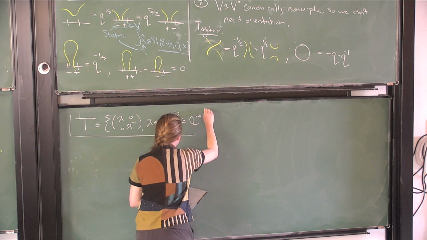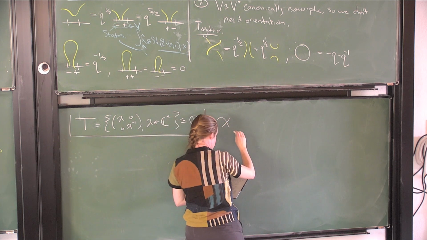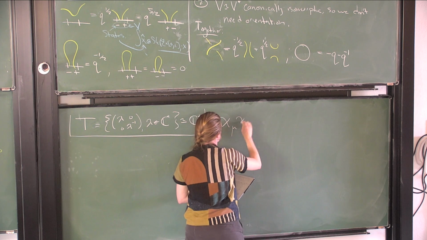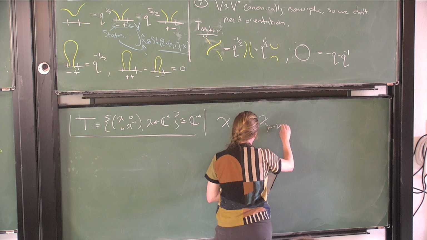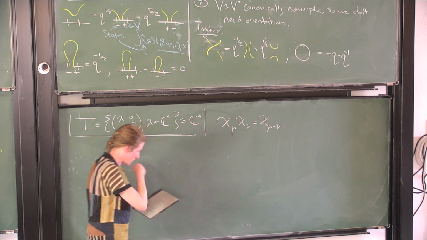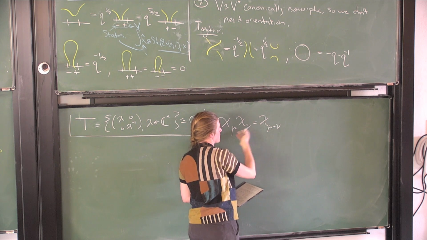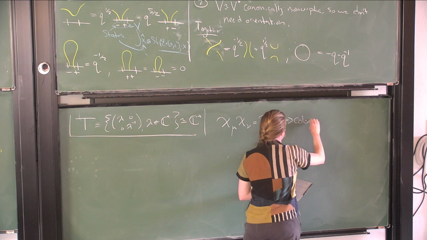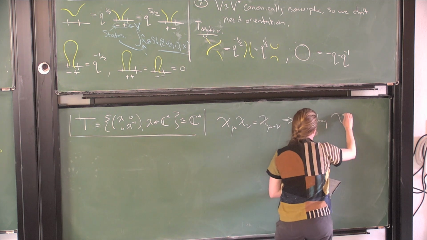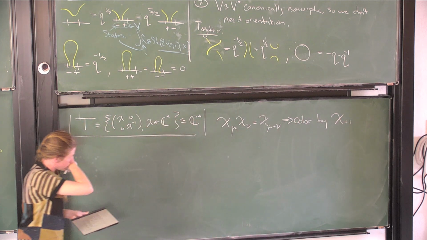So now let's consider this part. And the tensor product in this category is going to look like this. So it has a nice expression in terms of the weights themselves. So what I'll do is I'll just color by lambda plus 1, like this.